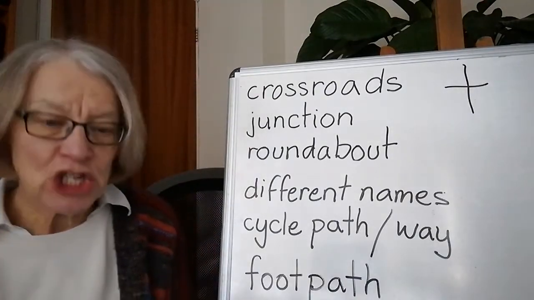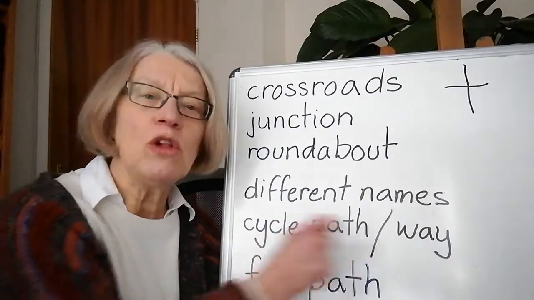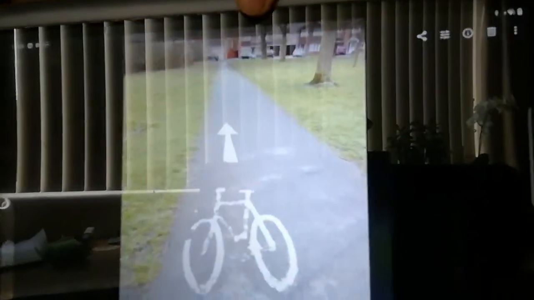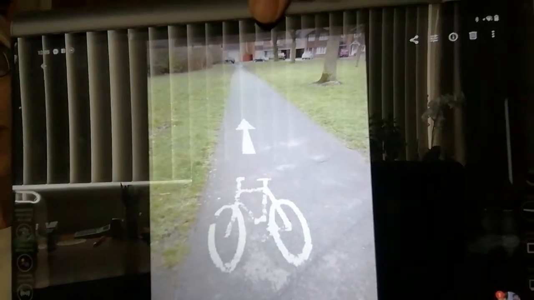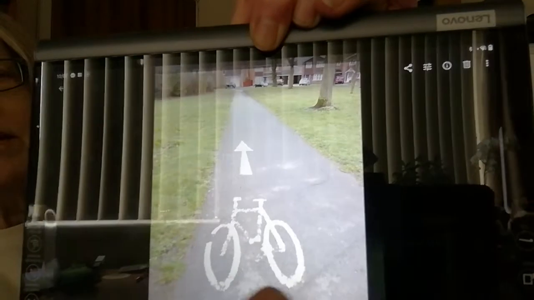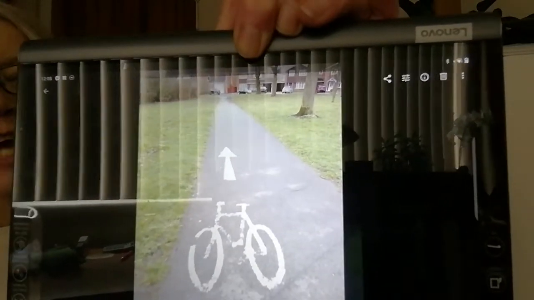And I've got a picture here of a cycleway. Sometimes it's called cycleway, sometimes it's called a cycle path. There's the bicycle and there's the arrow. It means cars must not come on here.